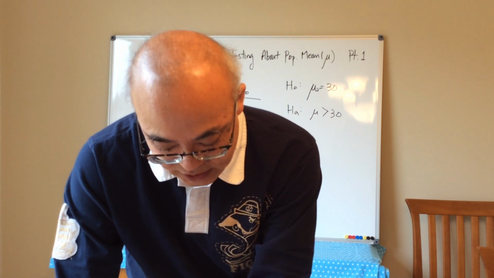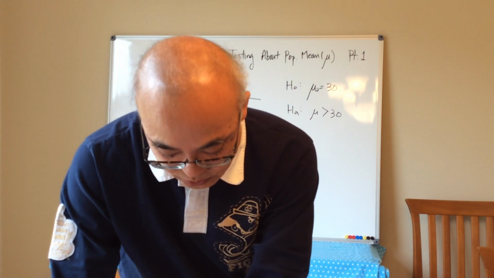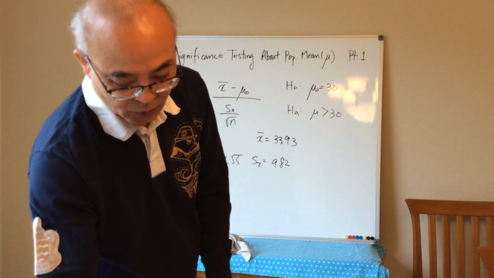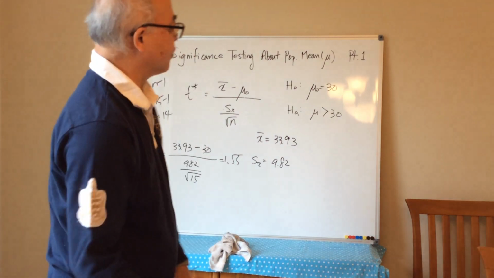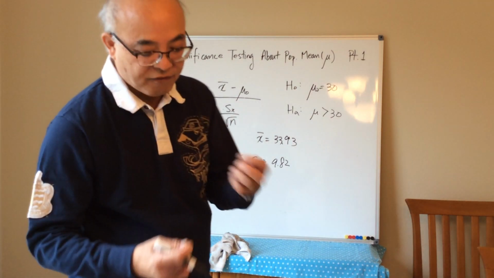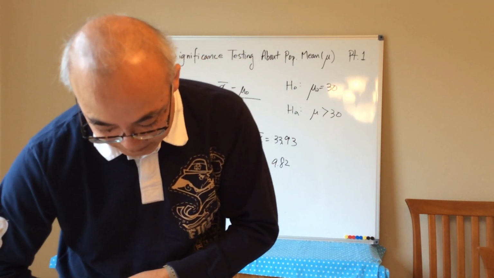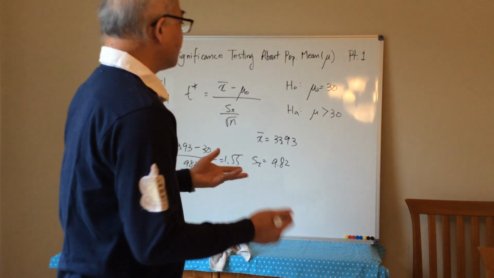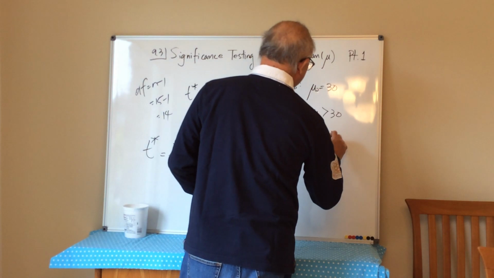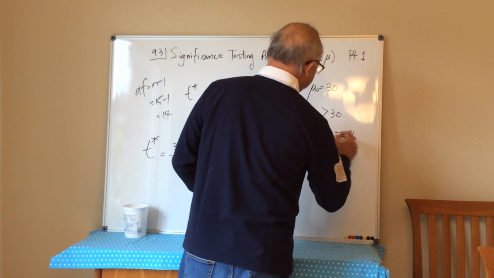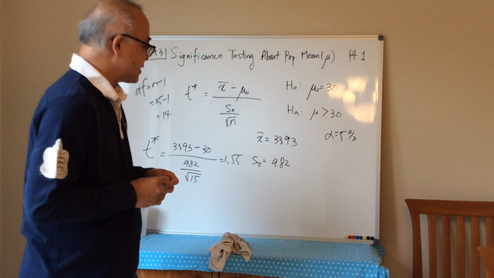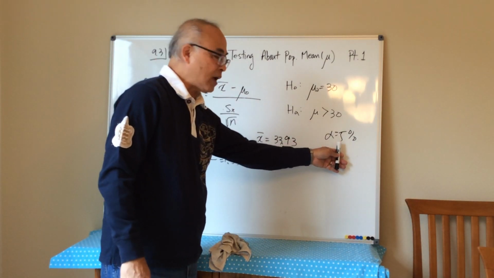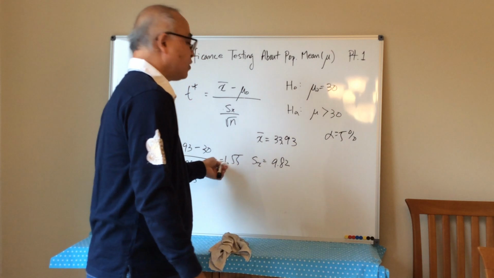So in other words, the p-value is going to be between 0.10 and 0.05, between 5 and 10%. If we use an alpha value of 0.05 here, I don't know exactly what the p-value is, but it's between 5 and 10%.